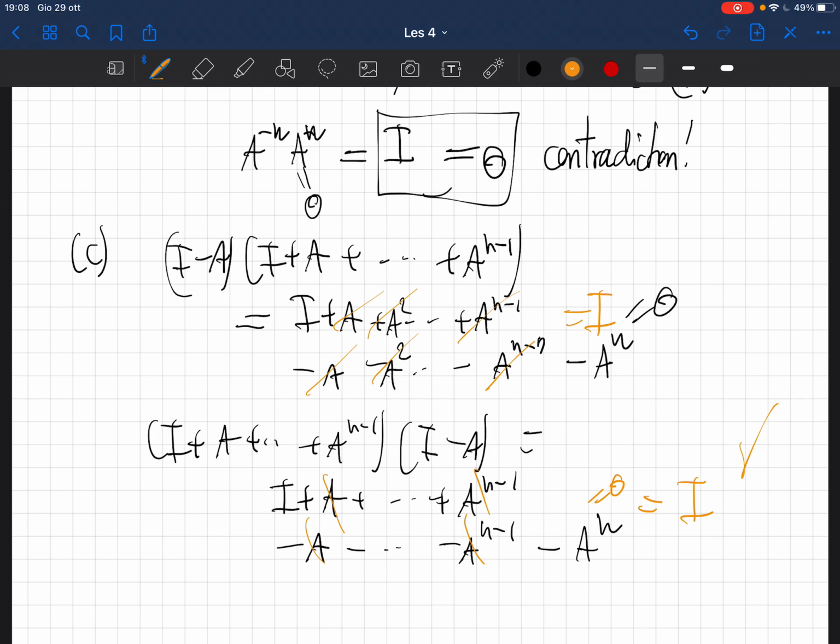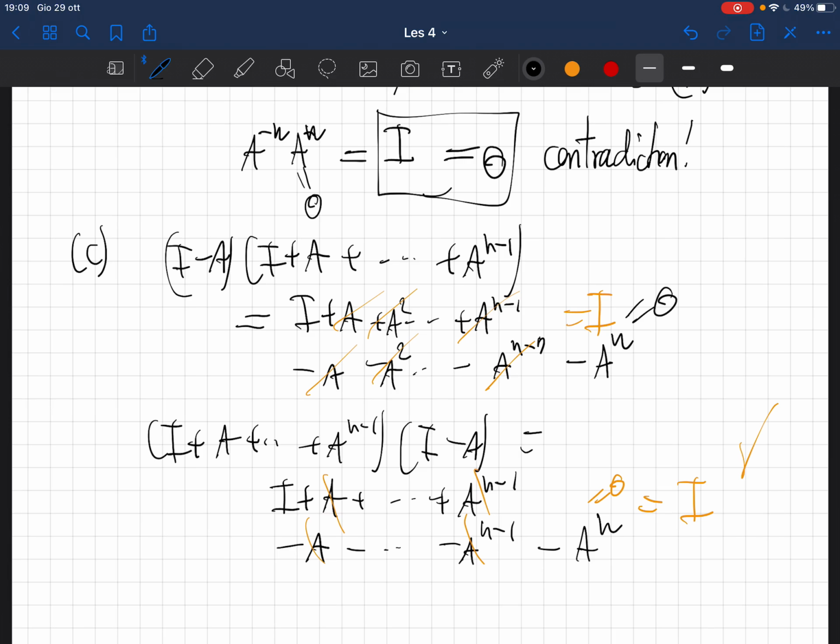So, you see, the point is that you can multiply matrices just as if they were ordinary numbers. You just have to be careful that the matrix multiplication is not commutative, but you don't use this here, so it's okay. Matrix multiplication is really like multiplication of numbers, save for the fact that it's not commutative, but it's associative, and you can more or less do it as if you were multiplying numbers.